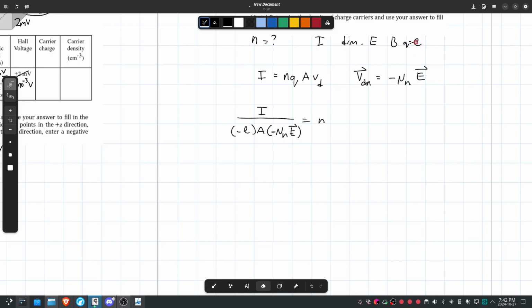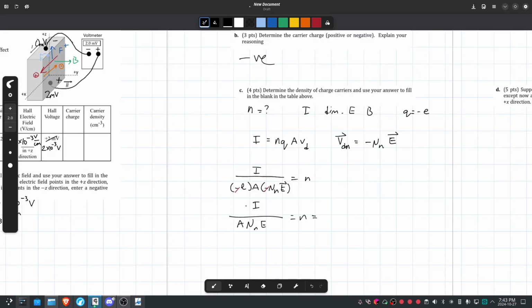Let's write that. We know that the charge carriers are electrons, so it's going to be negative e. These negatives cancel out. I over A mu n E is equal to n. Shove all of that into your calculators.